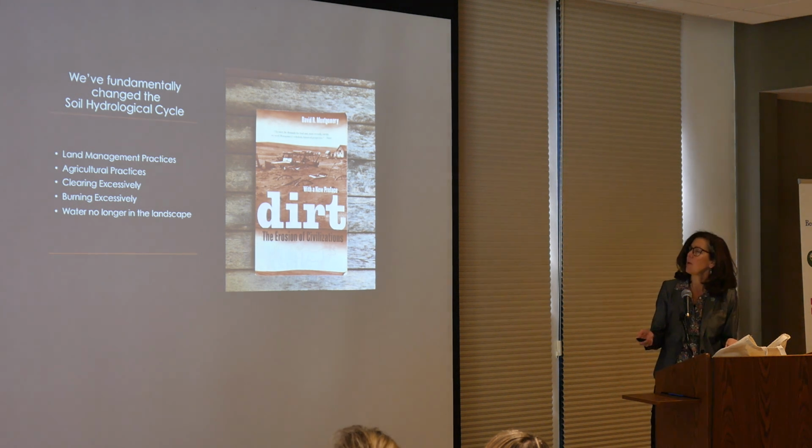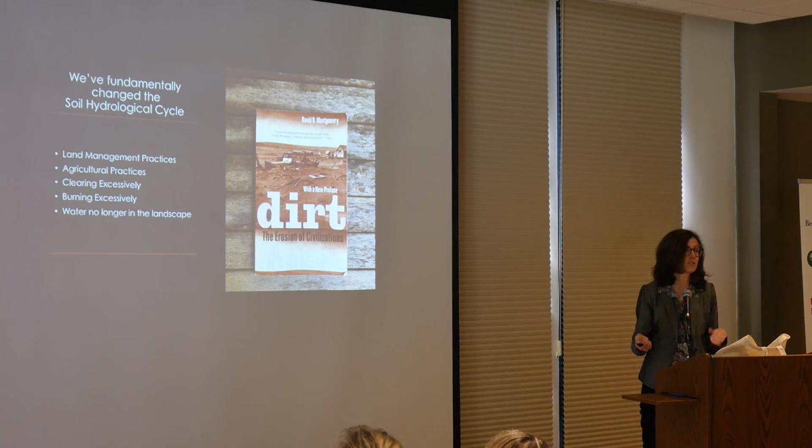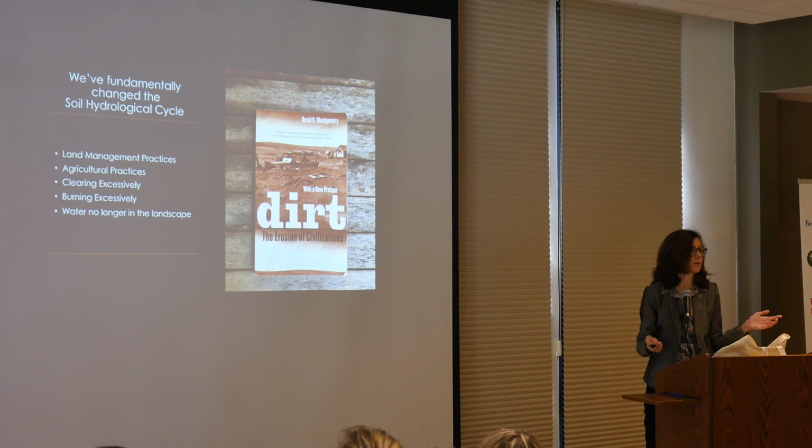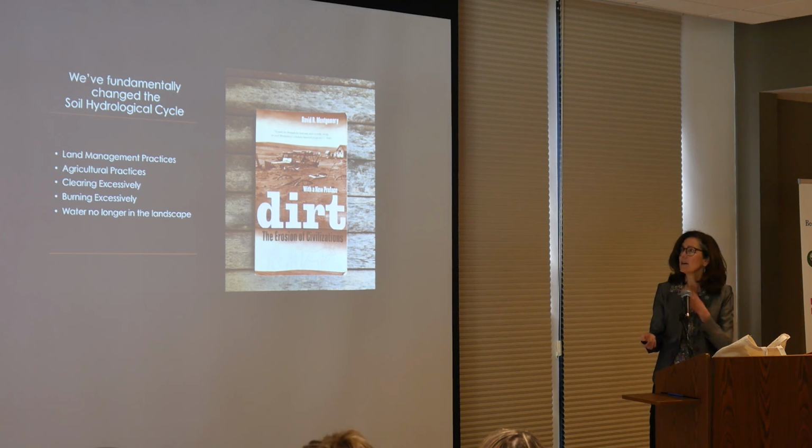And one of my favorite books, if you are interested in studying this over time, is a book called Dirt, the Erosion of Civilization, and you will see that civilizations pretty much systematically have done this forever, except for the Egyptians, who were pretty lucky because the Nile would flood and bring back all those nutrients to their floodplain every year.